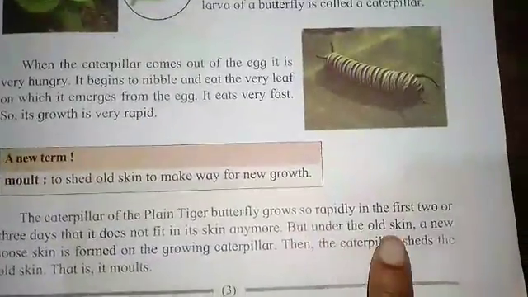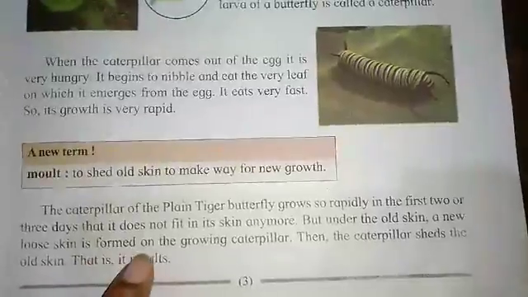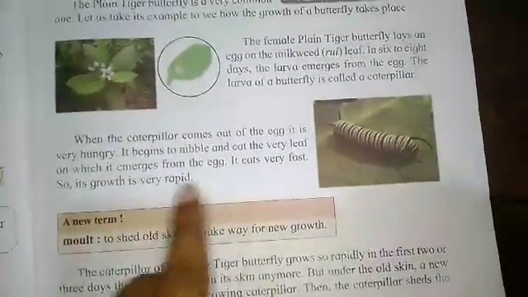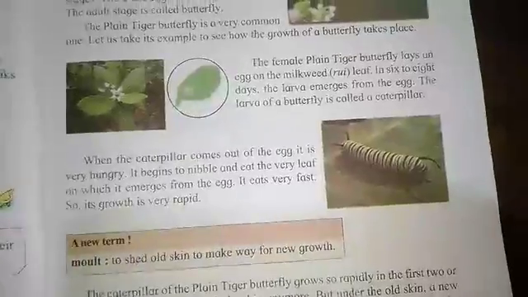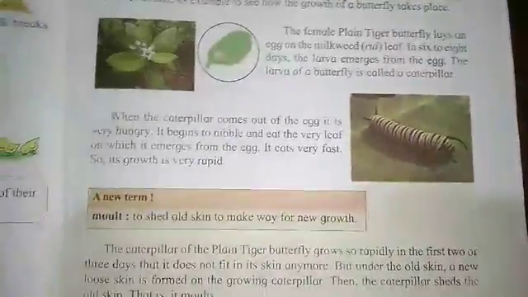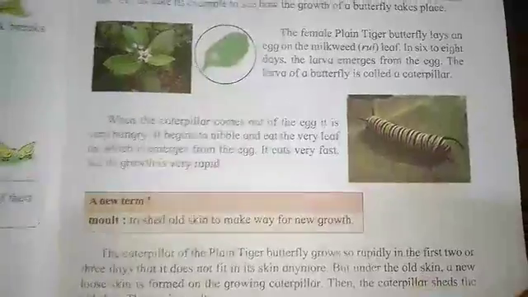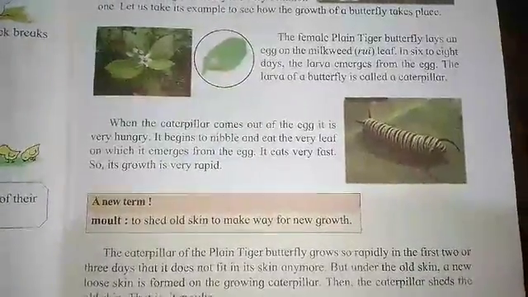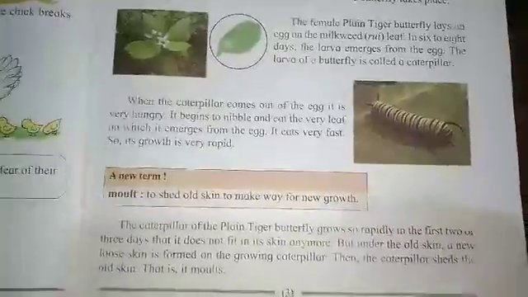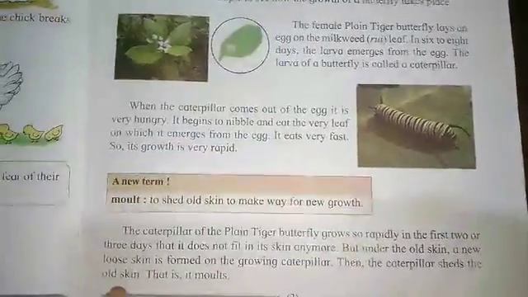Under the old skin, a new loose skin is formed on the growing caterpillar. As the growth of the caterpillar increases rapidly, its old skin finishes and a new loose skin is formed on the caterpillar, and the caterpillar sheds the old skin.